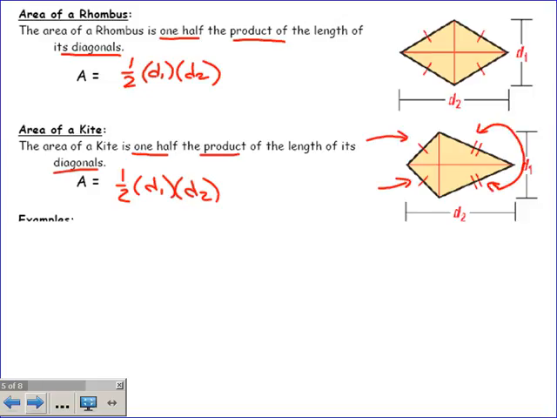So you would say 2 pairs of consecutive sides are congruent. With a rhombus, all 4 sides are congruent, which is also called equilateral. Equilateral is another word for what the side lengths of a rhombus are.